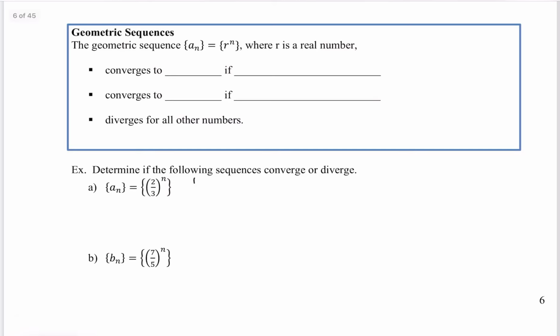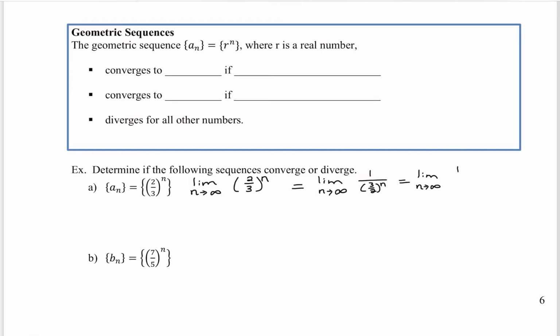All right, so suppose I was to look at this limit as n goes to infinity of 2/3 to the n. So let's think about this for a second as its reciprocal, 3/2 to the n, which of course 3/2 is like 1.5.